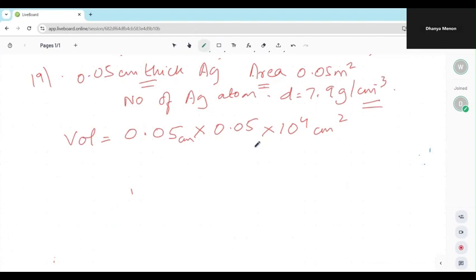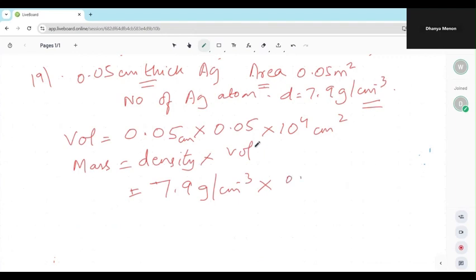Okay, now if I know the volume, can I know the mass? Density, rho is density, okay, write D. Density times volume. Density is mentioned, 7.9 grams per centimeter cube times volume. Volume is what? 0.05 times 0.05 into 10 raised to 4 centimeter cube.